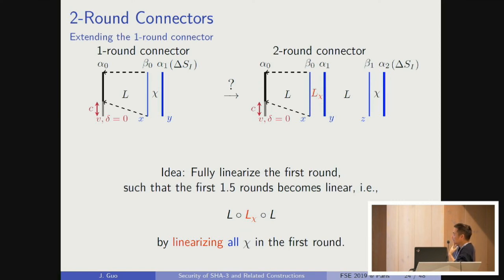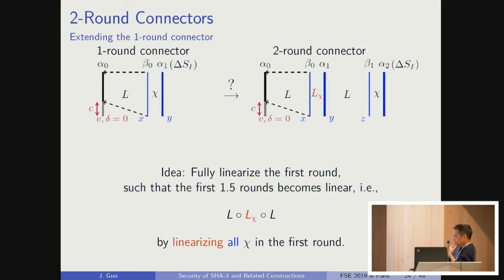There's a way to extend this to 2 rounds by fully linearizing the chi layer. So what we do is prepend 1 round before this. Since in each round there's a chi layer, we fully linearize this chi layer so that the chi layer plus the L becomes a very big linear layer.